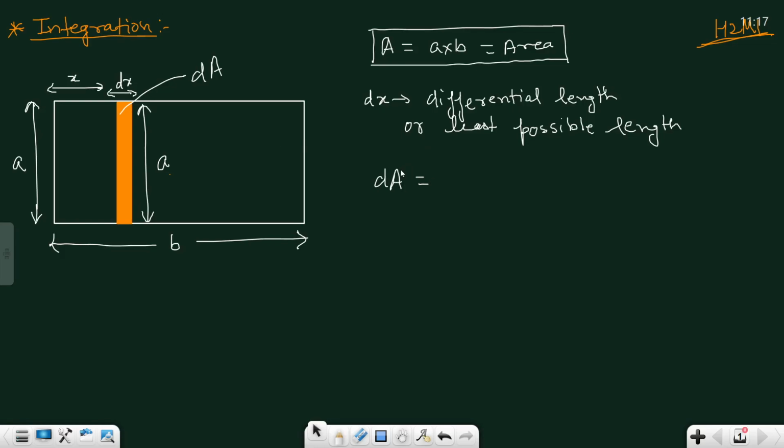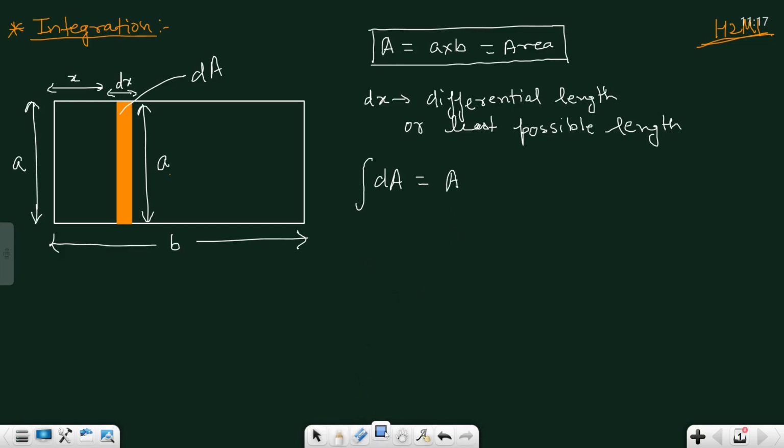Or you can say, if you integrate all the strips, then you will get the complete rectangle. Okay, so if you integrate, this is the sign of integration. This snake-like sign is the sign of integration. So if you integrate this area, or you are integrating the strips, then you will get the complete area of the rectangle.